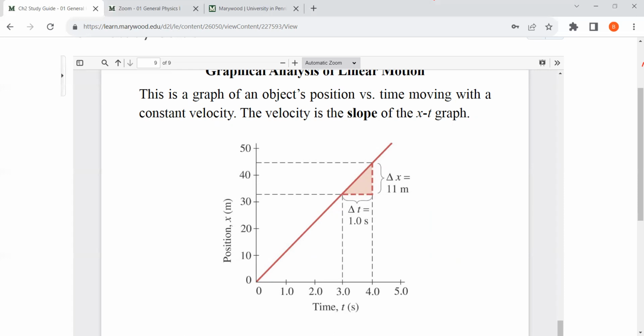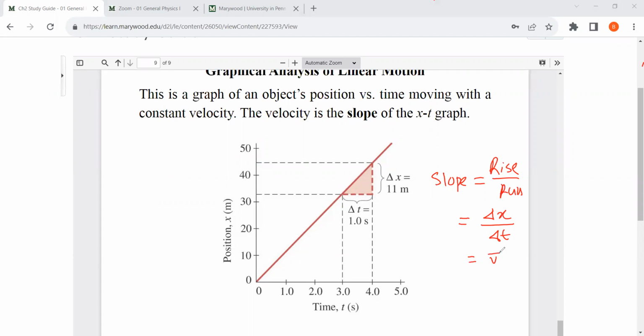So when you have a position versus time graph, if you can determine the slope, slope is basically rise over run. So the rise is here delta x over delta t, and do you see that delta x over delta t is velocity, right?